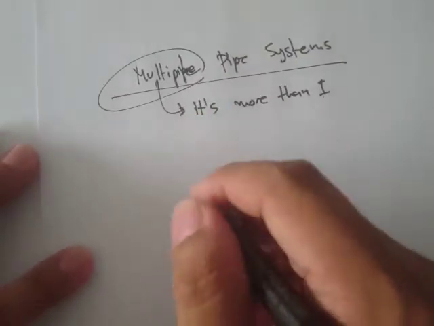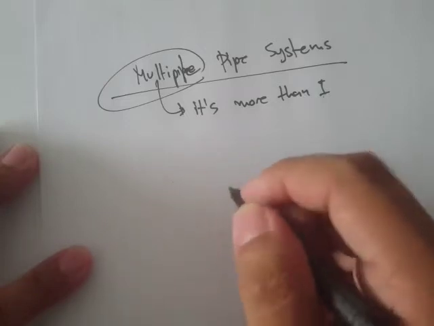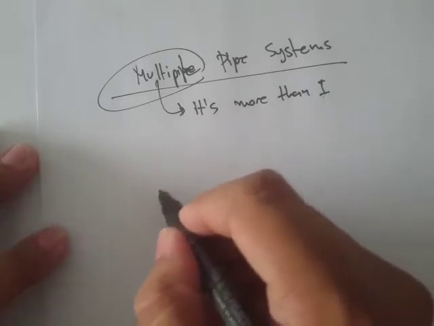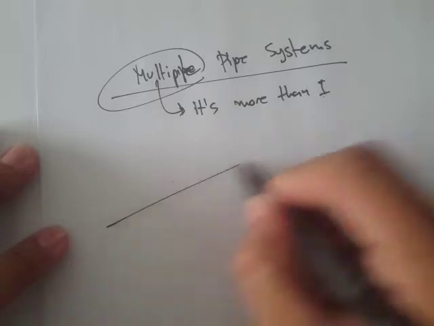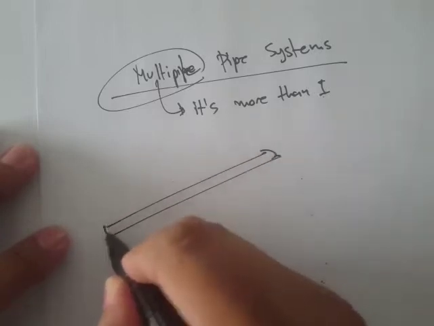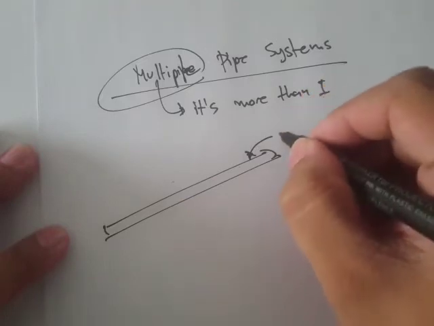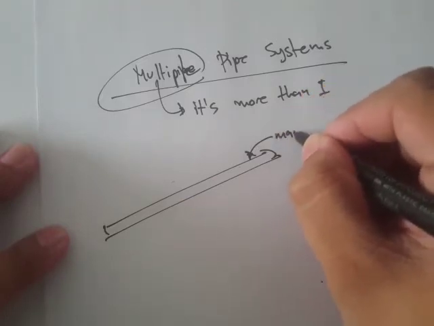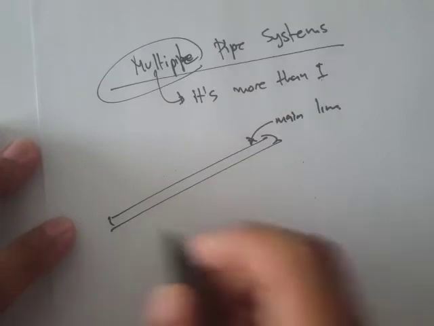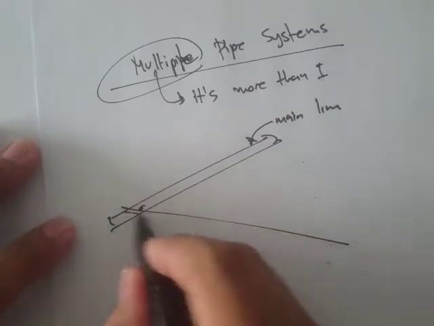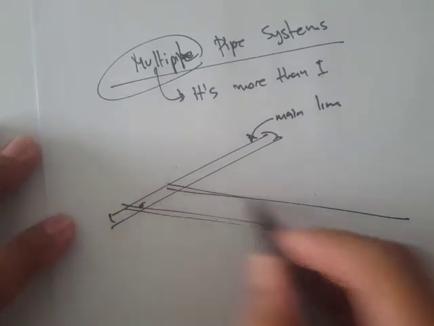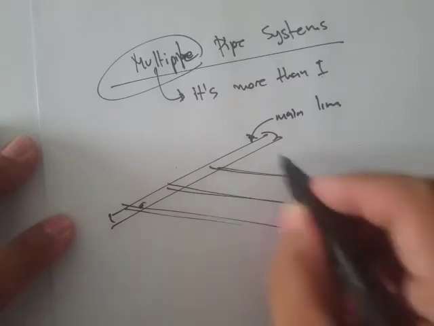So, for example, let's say in our field we have our main line for water irrigation. Sometimes we just want to branch the drips.